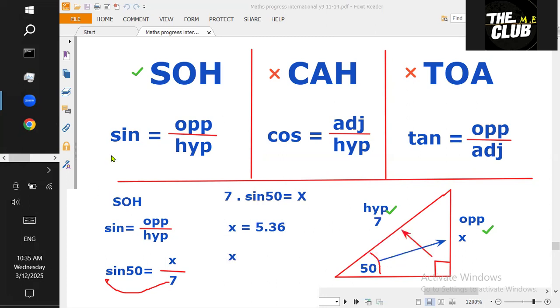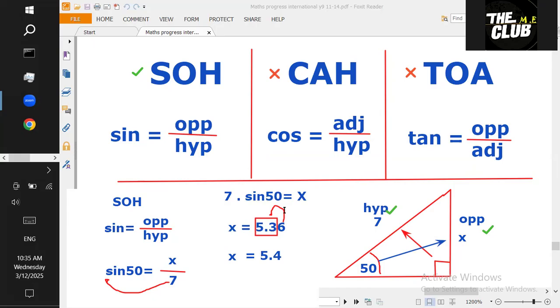It means they need one number after the decimal point. So you look at the 6. The 6 is big. This will add 1 to the 3, and the final answer will be 5.4. So the value of x is 5.4 centimeters, depending on the question. And this is how you answer a question like this.